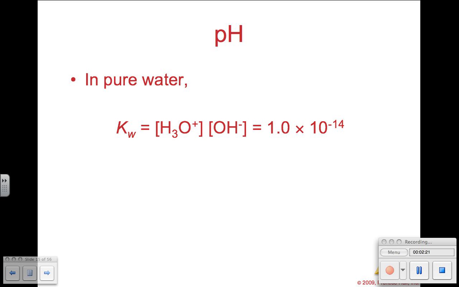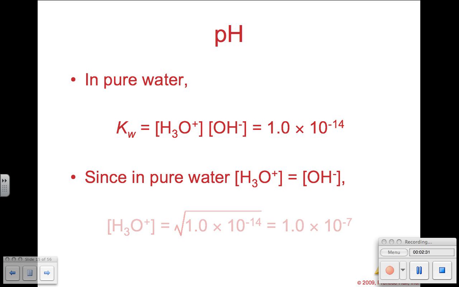So, in pure water, Kw is equal to the concentration of H3O plus times the concentration of OH minus, and the value at 25 degrees Celsius is 1 times 10 to the negative 14th. Pure water is going to have an equal amount of both the hydronium ion and the hydroxide ion, so you do some different math.